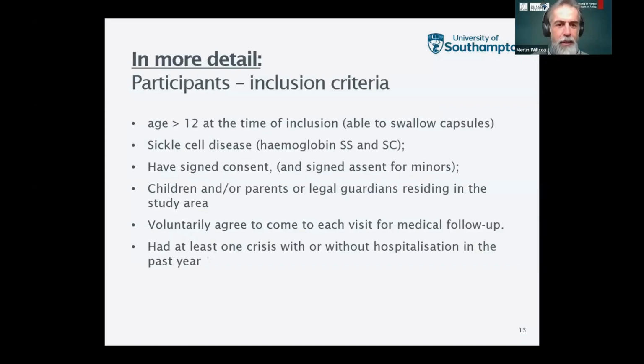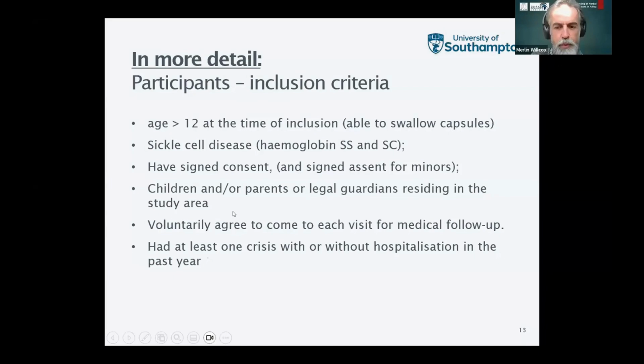So in more detail, thinking about the participants first, we need to define exactly what the inclusion criteria are. Like I've mentioned, we decided on the age above 12 because they would be able to swallow capsules. The sickle cell disease was defined as hemoglobin SS and hemoglobin SC. Obviously, they needed to have signed consent or signed assent for children.